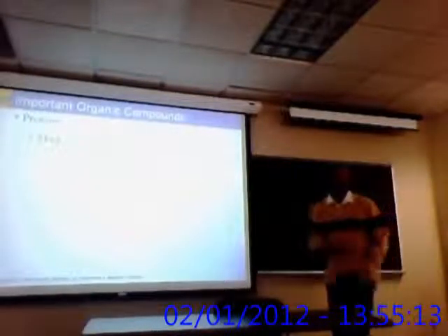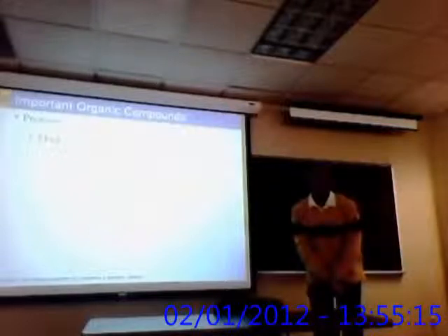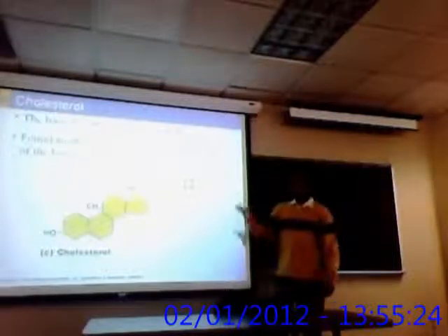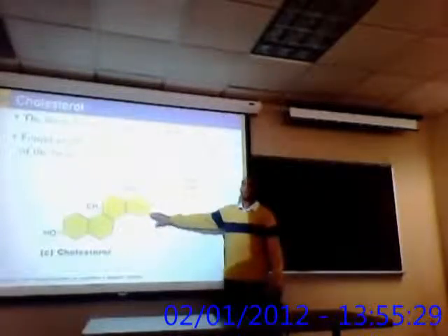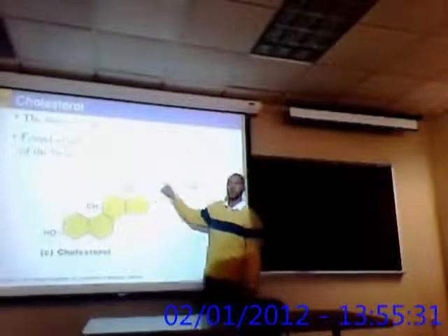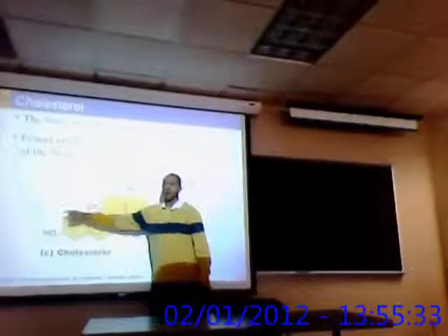Yes, ma'am. Did you say that the steroids are all hormone derived? No, they're all derived from cholesterol. Basically, all of the steroids are made from cholesterol. You change some of these little side chains here, and you get testosterone and progesterone and vitamin D and cortisol, cortisone.